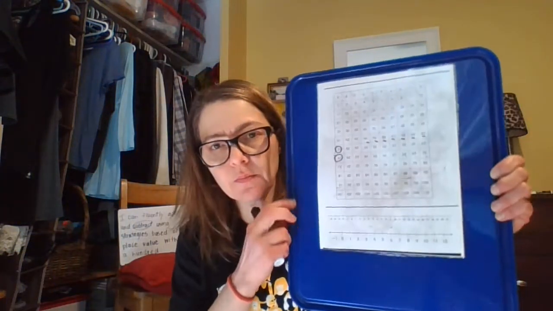Okay, so these are subtracting 2-digit numbers. Okay, and what you know about place value, 100's grid, how many tens and how many ones there are in any given number up to 100.